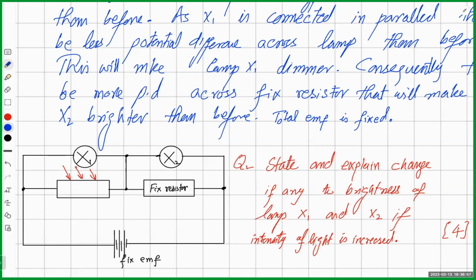Question is, state and explain change, if any, to the brightness of lamp X1 and X2 if the intensity of light is increased. What will happen if we increase the intensity of light near the LDR? Which lamp will become brighter, which lamp will become dimmer, which lamp will stay the same, and why? That is a 4-mark question.